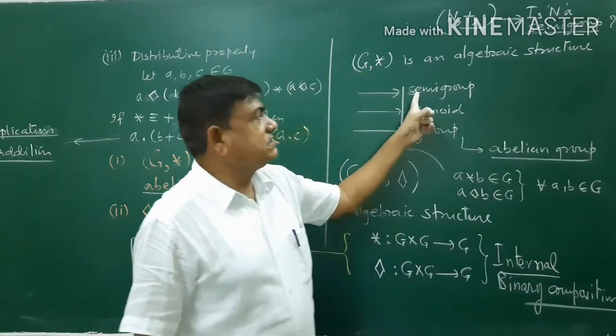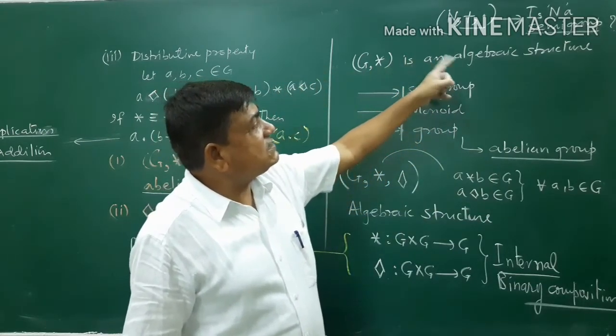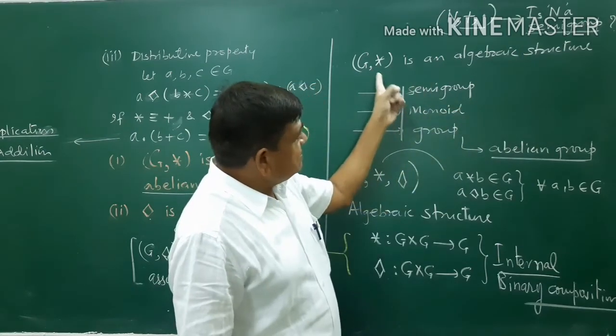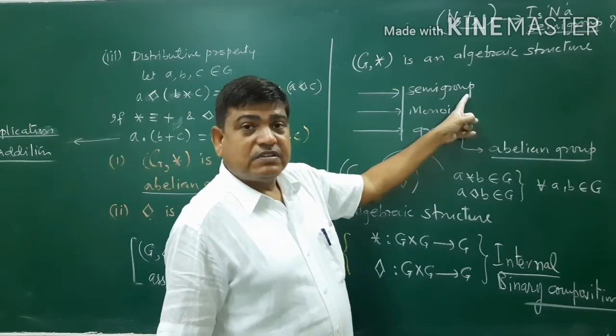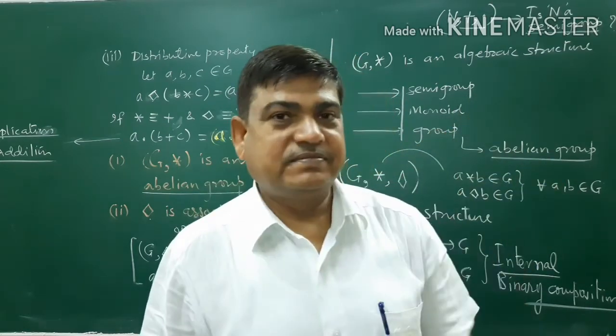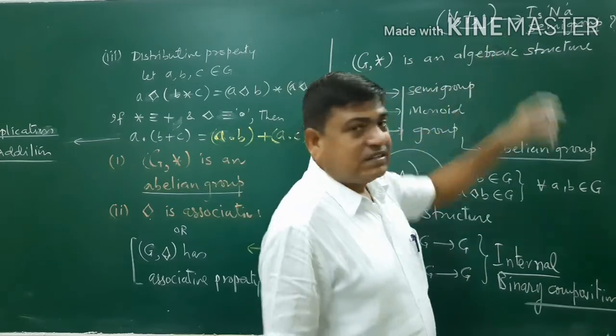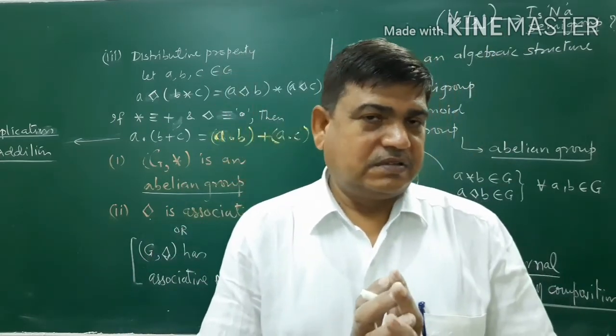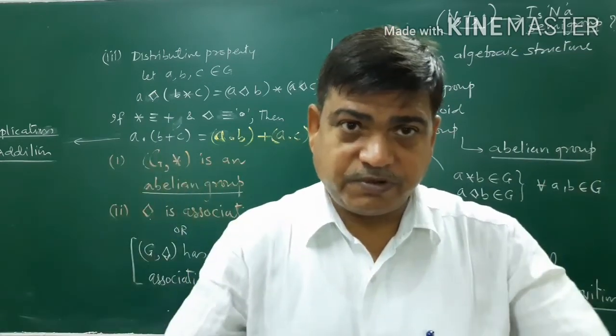Here it is. This is an algebraic structure. This algebraic structure is a semigroup if it satisfies the associative property. 100% the numbers follow the associative property.